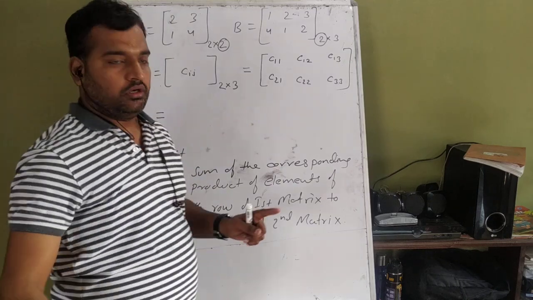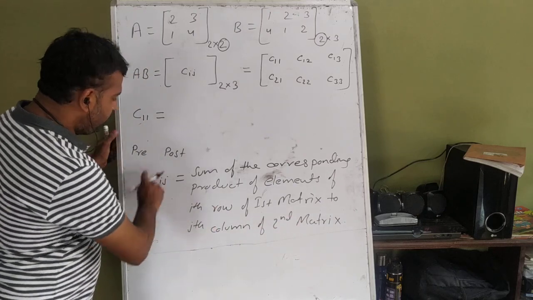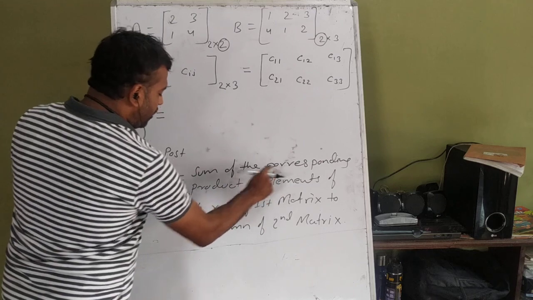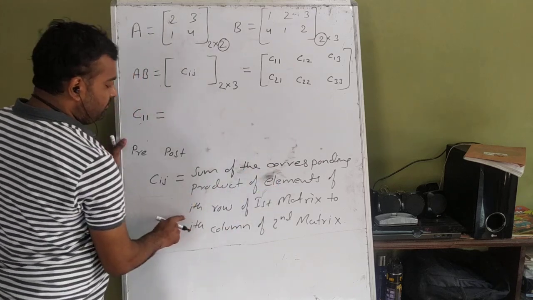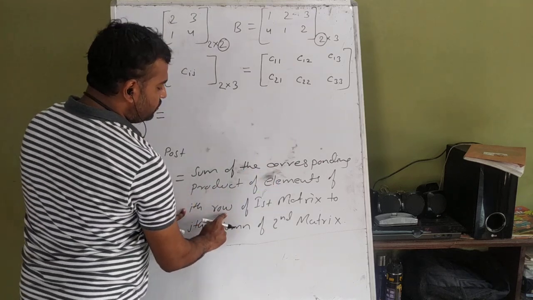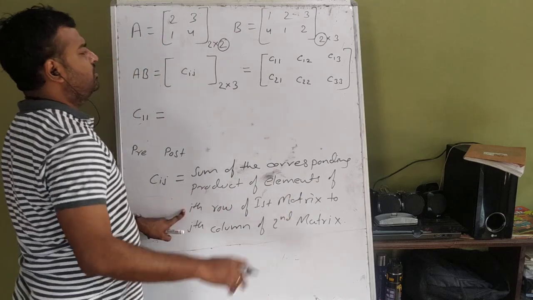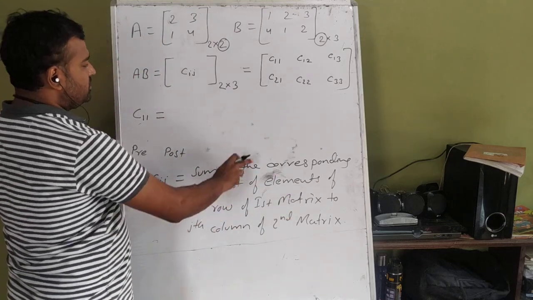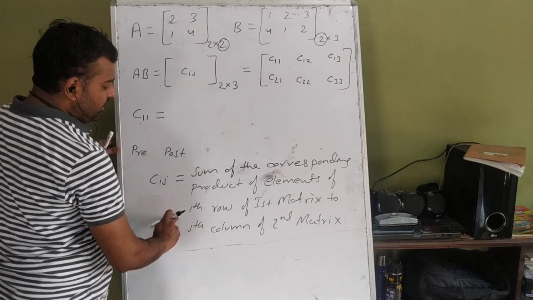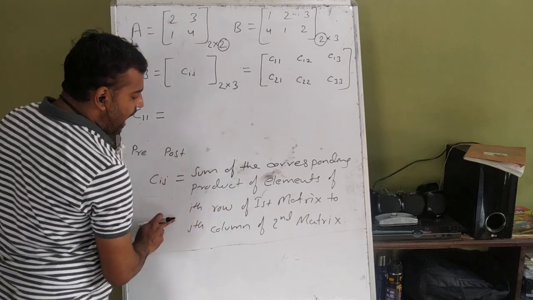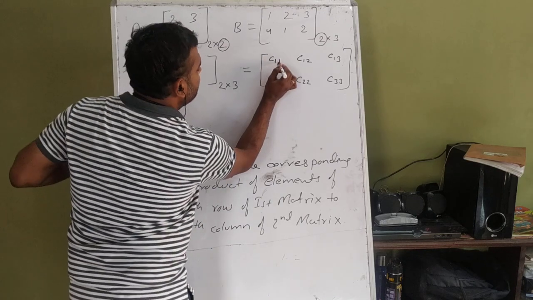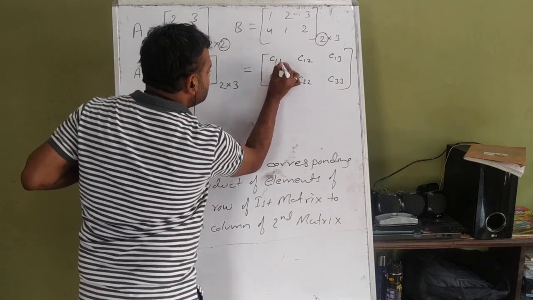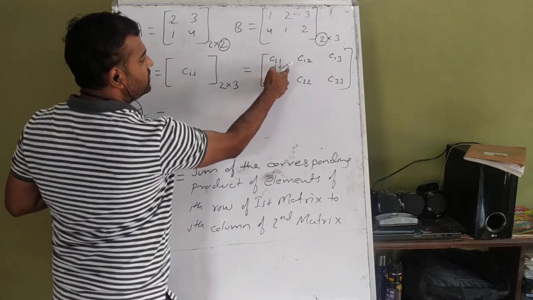C11. Now, just see the definition of Cij: the sum of the corresponding product of the elements of the ith row of the first matrix. Do not go too deeply into this statement. Just see that in C11, this is taken as i and this is taken as j.